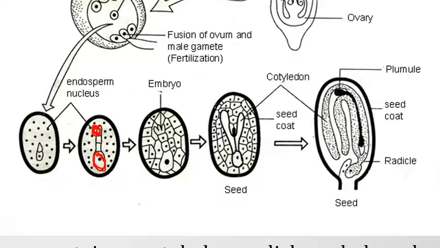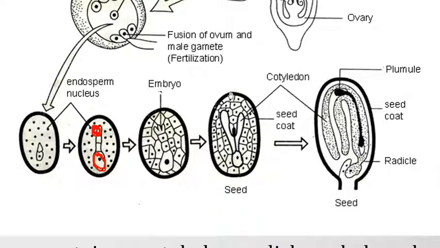And the bottom cell of the embryo, the basal cell, produces the radicle, which will form the root when germinated. So the radicle will eventually produce the root, and the cotyledon is a somewhat leaf-like structure that will decay after some time, but the plumule produces the shoot part of the new plant.